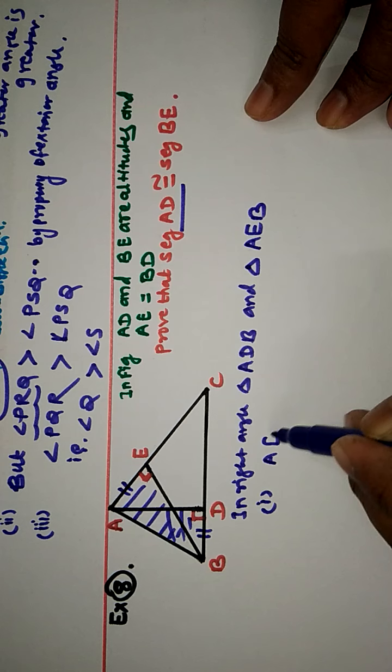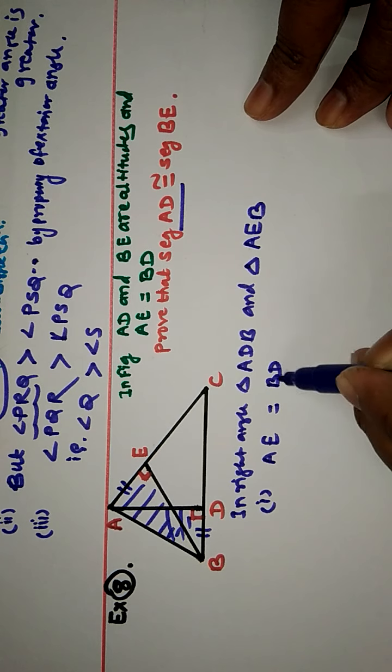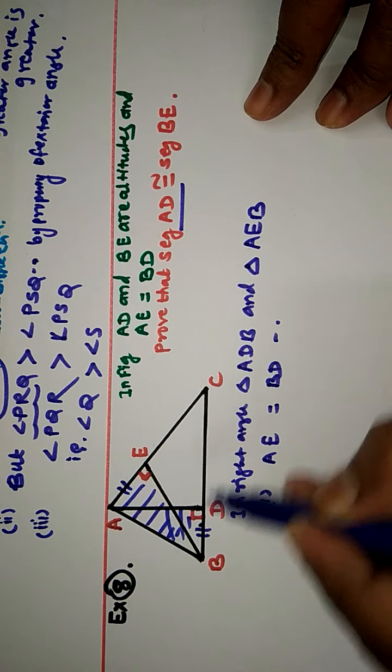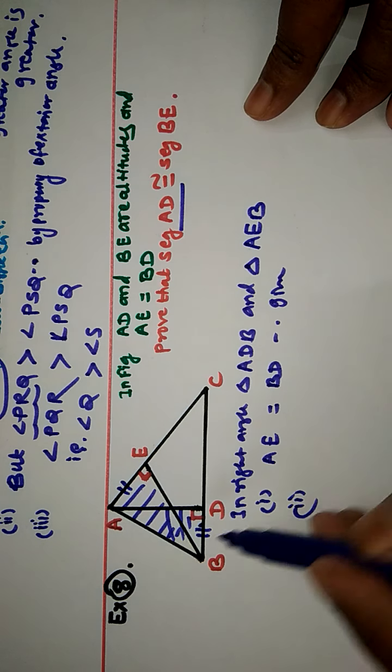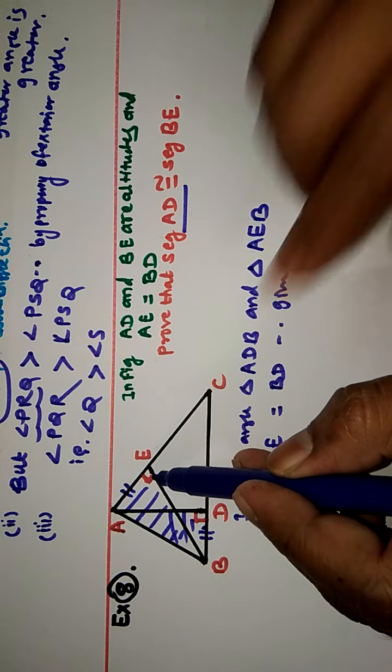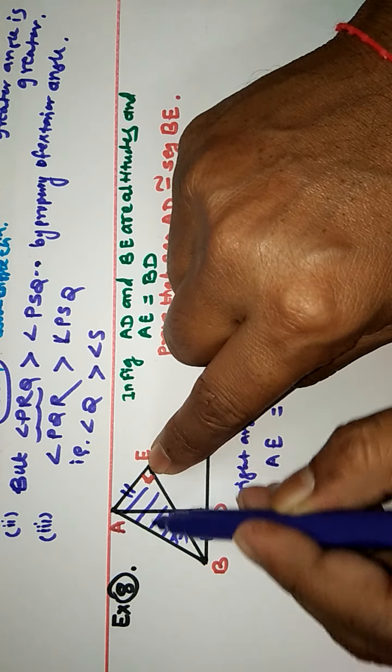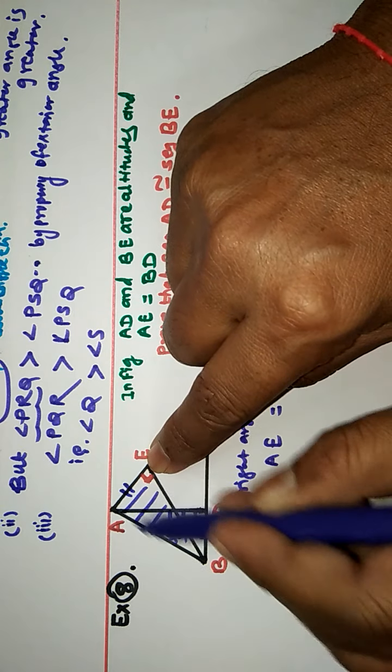First, AE is equal to BD, means these two sides are congruent, given. Second, if this is a right angle, then the side opposite to the right angle is called the hypotenuse.